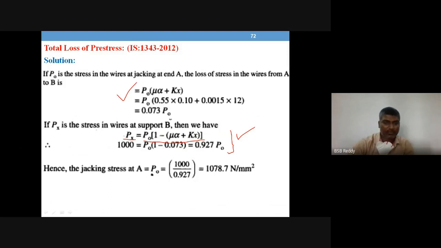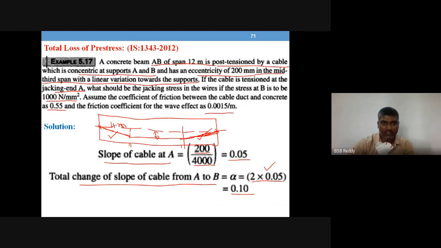The question says the cable is tensioned at jacking end A, so there is a hydraulic jack at this end, and the anchoring is done at the other end. So jacking is done at end A, pulling is happening there, and the other end B is the unjacked end. So what should be the jacking stress in the wires?